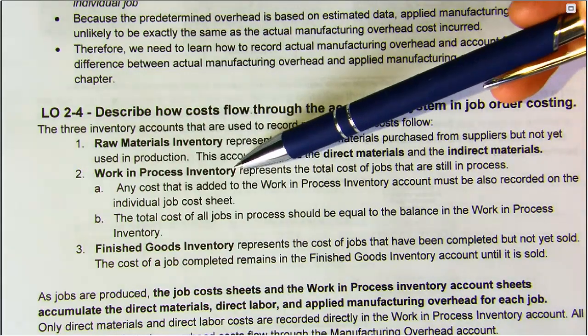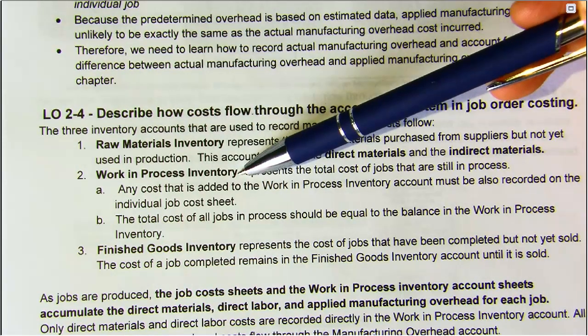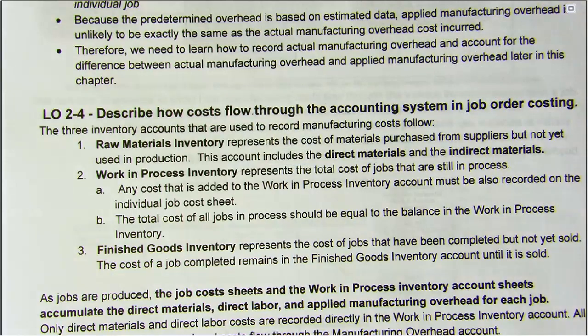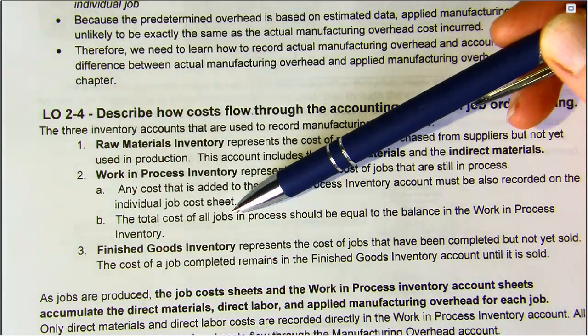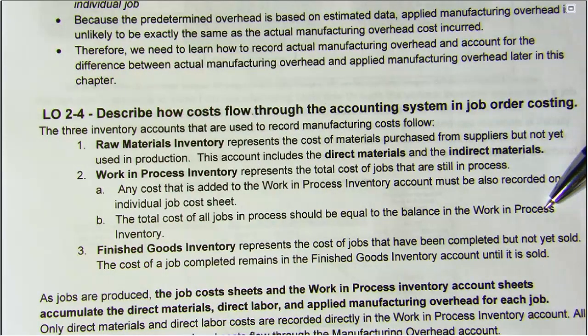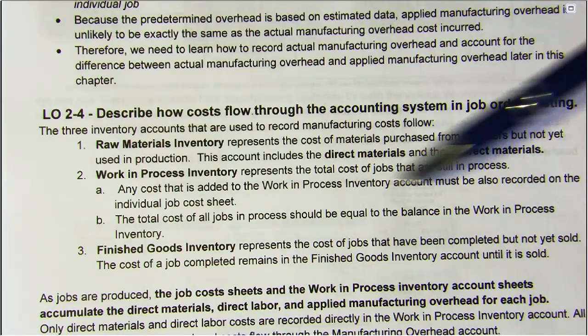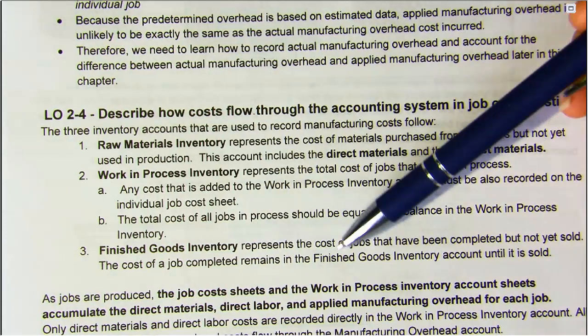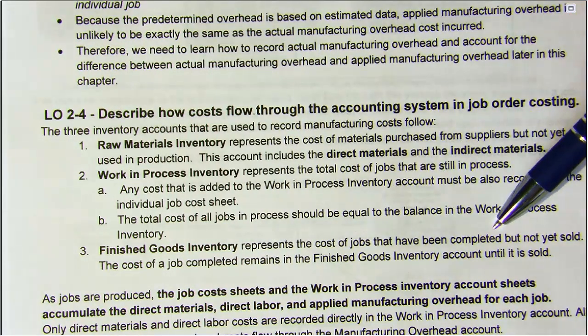So the work in process inventory account will have in it the direct materials, the direct labor, and the applied manufacturing overhead. Now, if you total up all the job cost sheets, they should equal that work in process inventory account. When jobs are finished, we move the total of the job cost of the jobs out of work in process inventory by crediting that account, and we debit finished goods inventory, which represents the costs of jobs that have been completed but not yet sold.